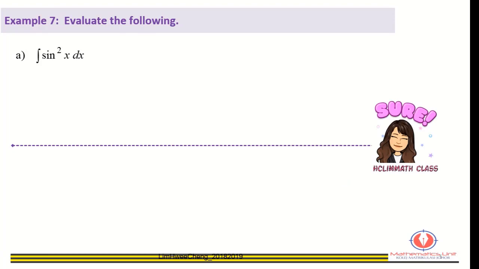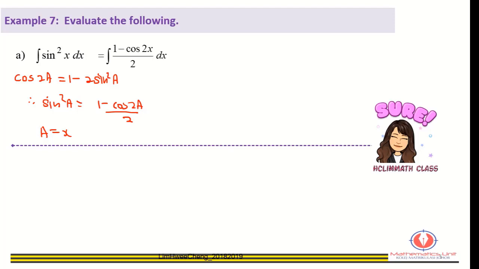So we look at example A. We're going to find the indefinite integral of the trigo function sine square x. I may choose to use the double angle of cos. So we have cos 2a equivalent to 1 minus 2 sine square a. Therefore your sine square a will be 1 minus cos 2a divided by 2, and if I substitute my a with x, I may rewrite the function sine square x in terms of the double angle.